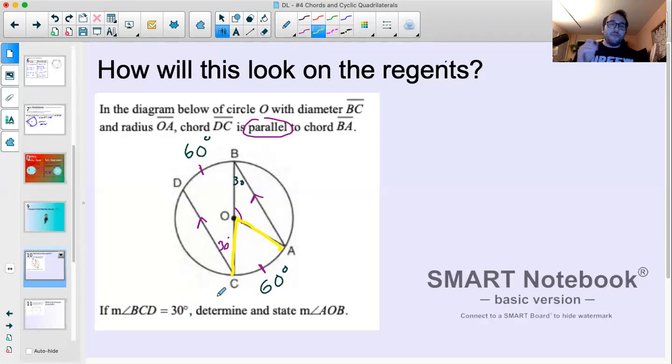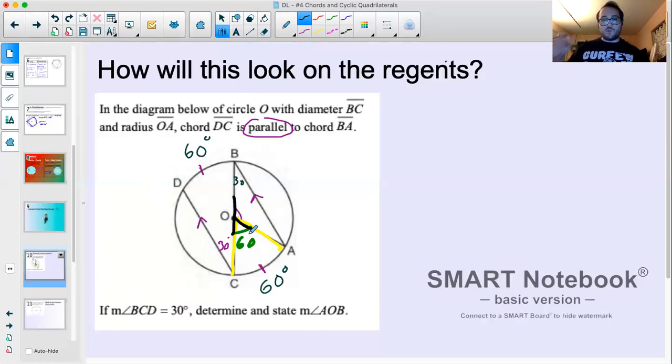So yeah, angle COA is a central angle. So that means central angles, we know, are equal to the measure of the intercepted arc. So this is 60. And check this out. This angle, because we know this is a diameter, so it's a straight line, forms a linear pair.